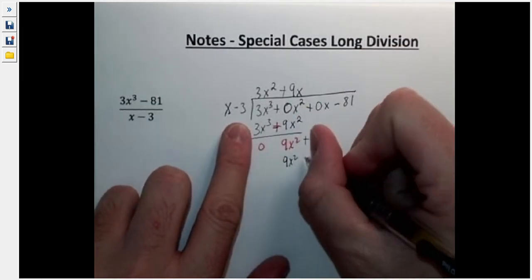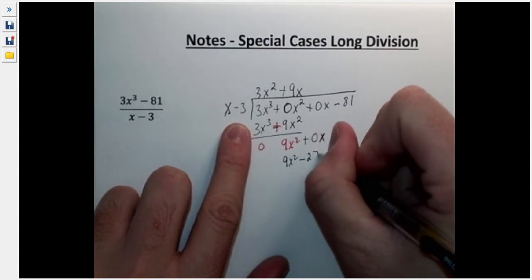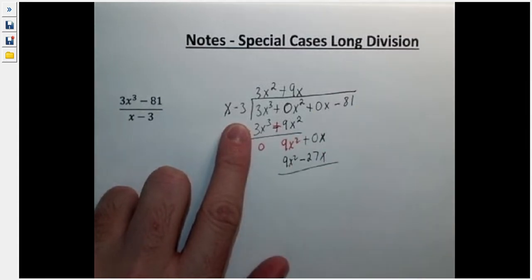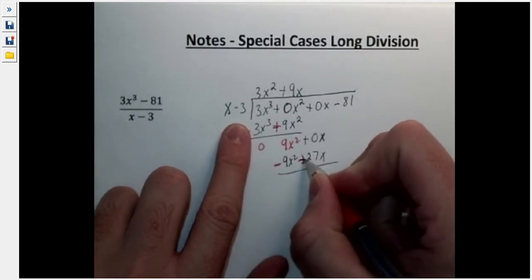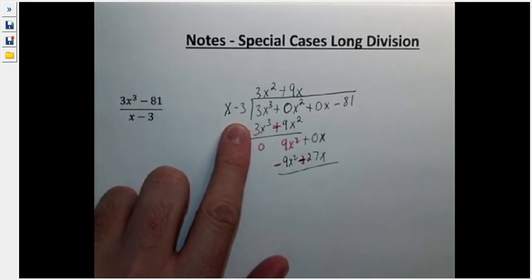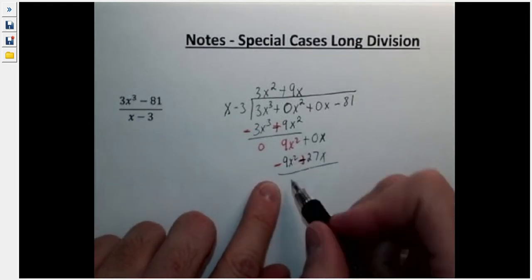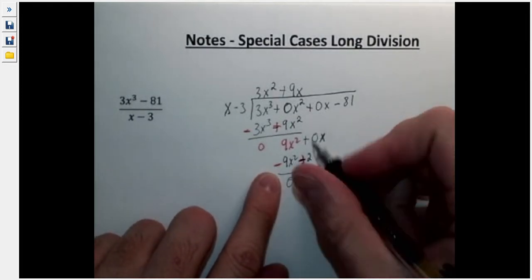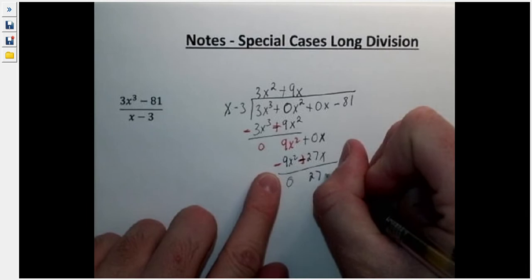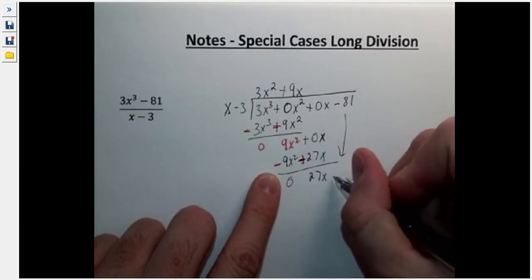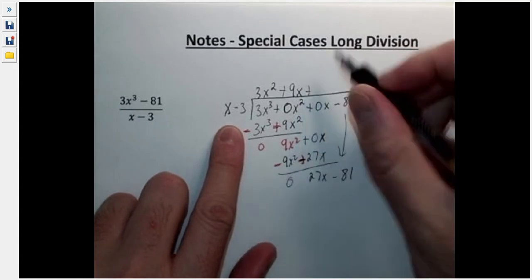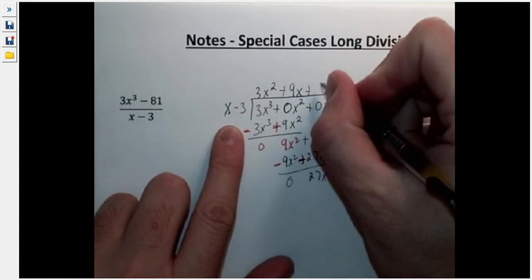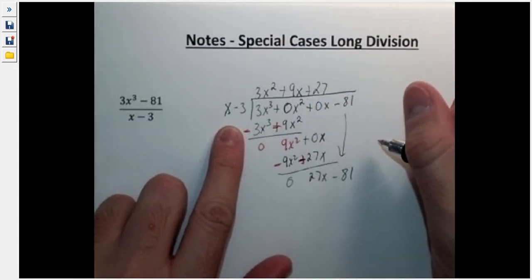9x times negative 3 is negative 27x. Then we change the signs, which makes that one negative and this one positive. And then this is 0, and 0 plus 27x is 27x. Then we bring down the negative 81. And what do we multiply by x to get 27x? 27.